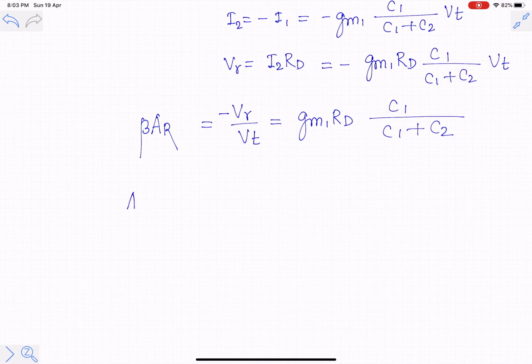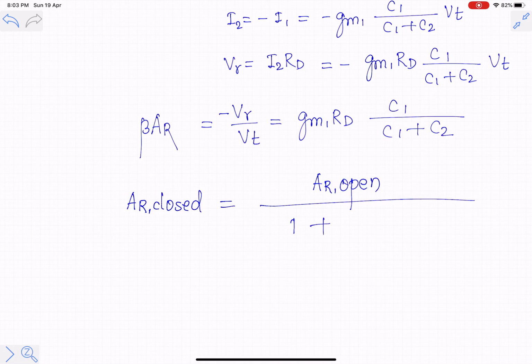So AR closed is equal to AR open divided by 1 plus beta into AR open. So this is also AR open that we have seen.